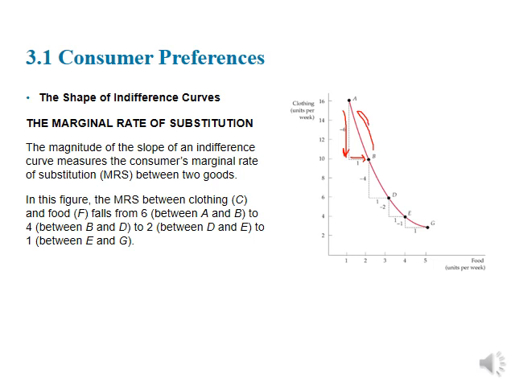How much clothing do we have to give up such that an additional unit of food leaves us just as satisfied? Mathematically, this is the slope of the indifference curve. And you'll note that because our indifference curve, at least in this case, isn't a straight line, the marginal rate of substitution will change depending on where we are on the indifference curve, going from 6 to 1 at the very bottom.